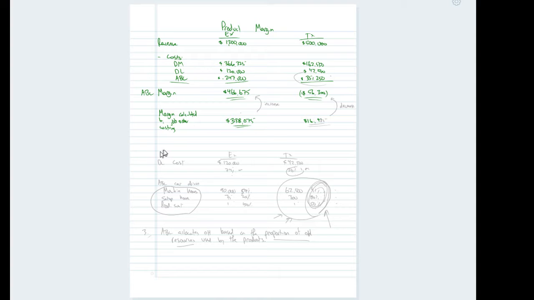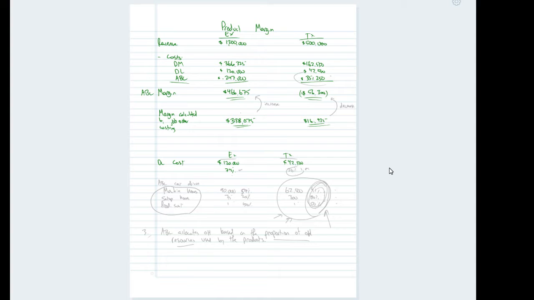If we think about direct labor cost, which was the old cost driver, the EX used $120,000 of direct labor, and the TX used $42,500 of direct labor. So that's about 74% and about 26%.